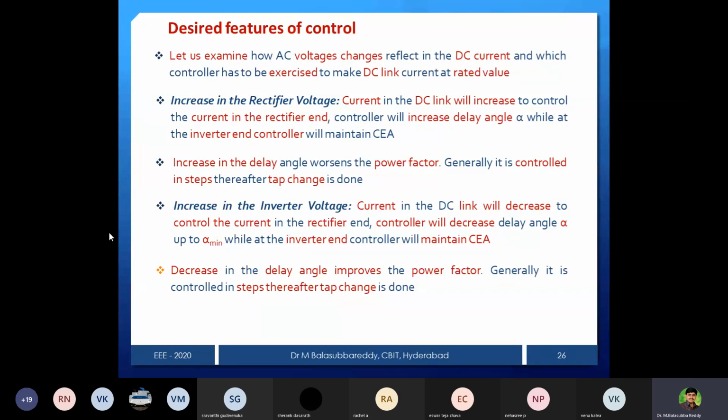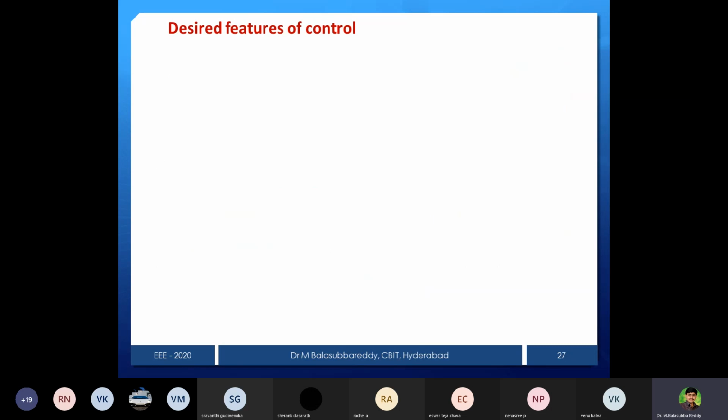That is the reason a decrease in the delay angle improves the power factor. Generally it is controlled in steps, and this last point is common, so the variation is in steps. Next, the taps will be changed. First we do the alpha side and then the tap changes.